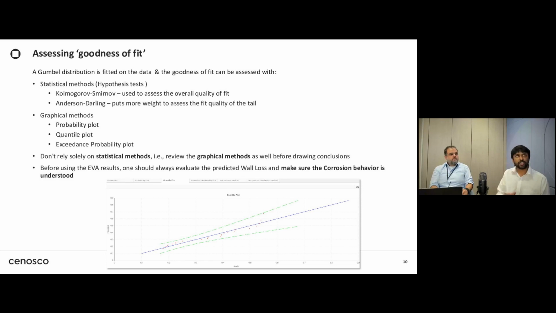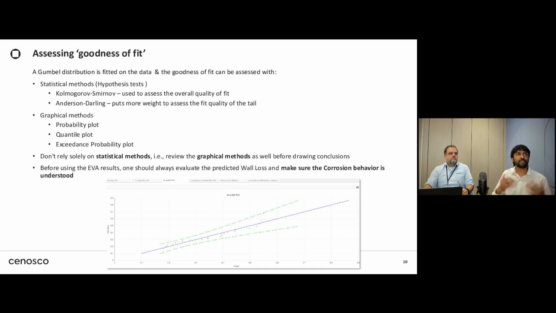And in some of the statistical methods, a lot of emphasis is put towards the fit quality of the tail. When it comes to distribution and looking at the goodness of fit, the fit quality of the tail is quite important as well. Apart from that, there are a number of graphical methods: probability plot, quantile plot, exceedance plot.